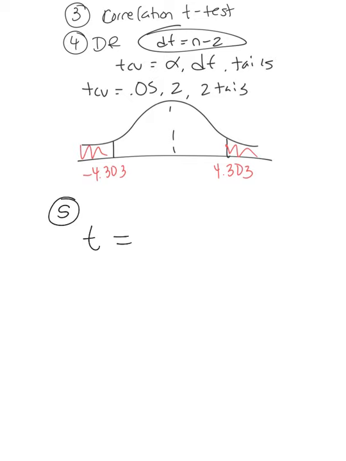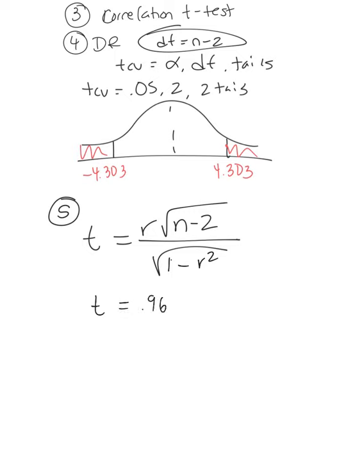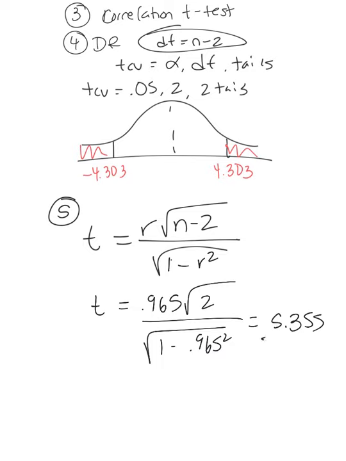We have r times the square root of n minus 2 divided by the square root of 1 minus r squared. So t is going to be 0.965 times the square root of 2 over the square root of 1 minus 0.965 squared, which is equal to 5.355 or 5.36. Now if we compare this to our rejection region here, we find that we reject the null.